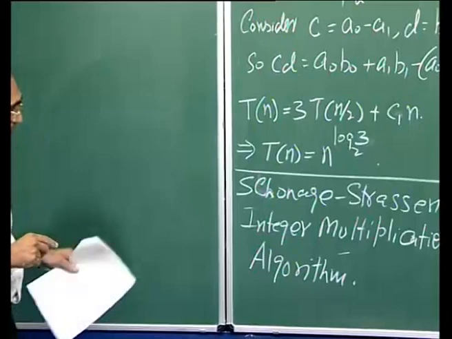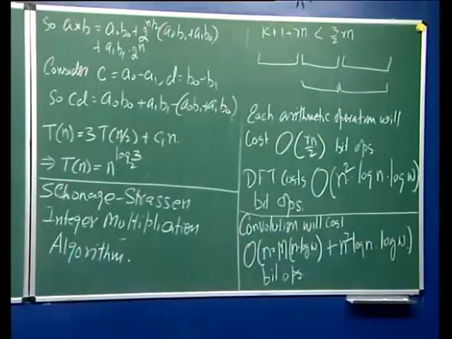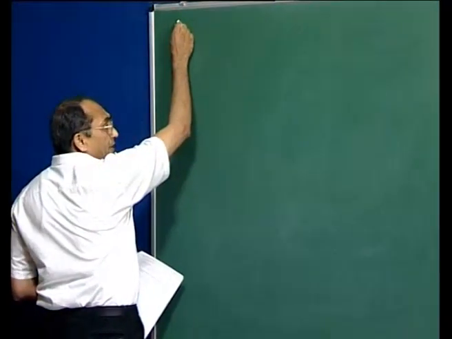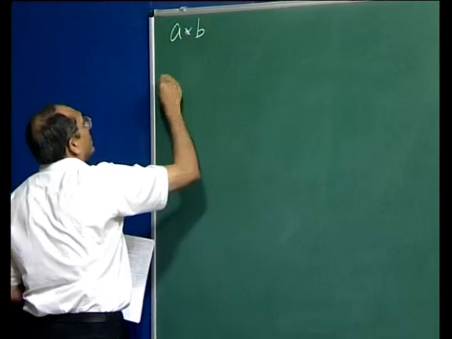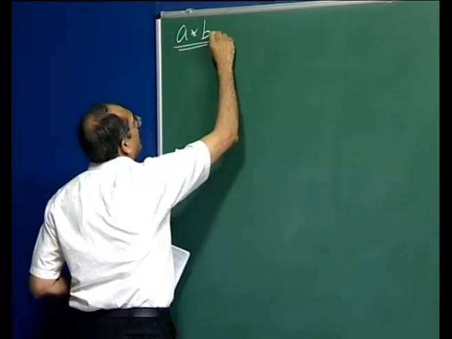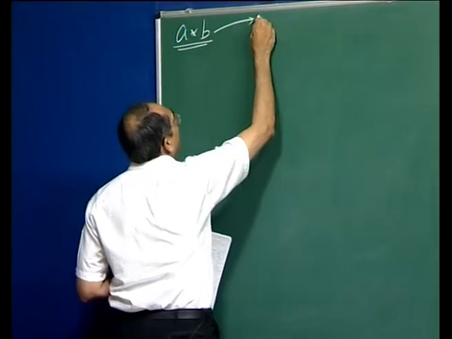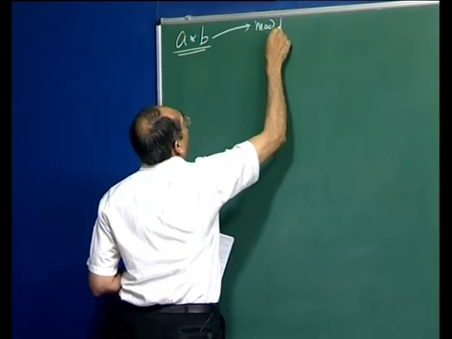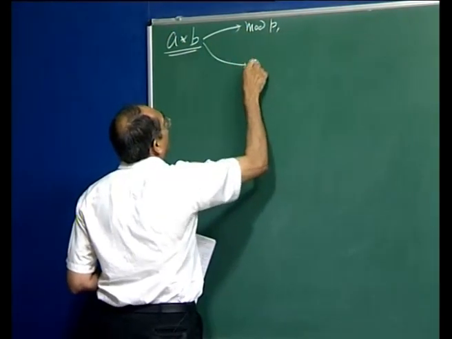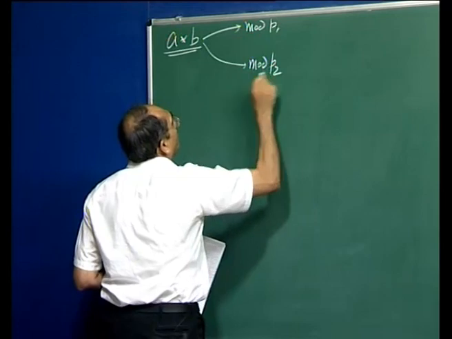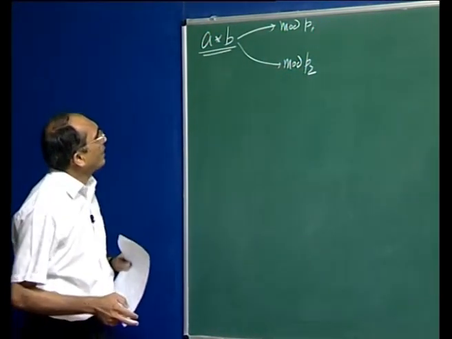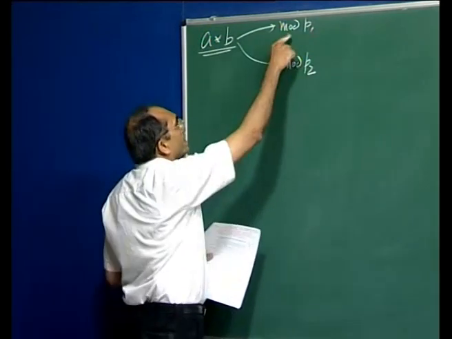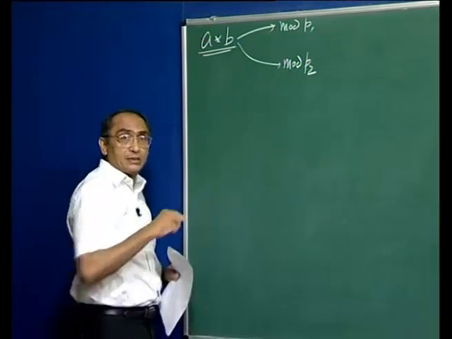In this algorithm, what we will do is we will compute the product, that is to say we have A times B to compute. This quantity we will compute in modulo P1 and in modulo P2 rings, which we hope to do more efficiently than directly computing this.